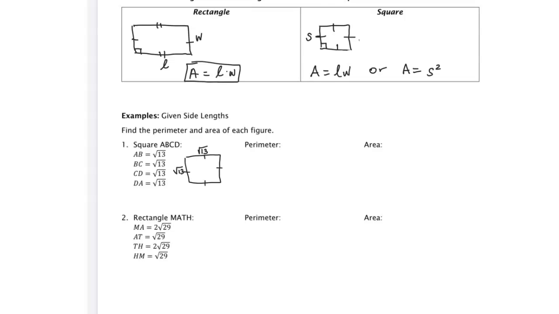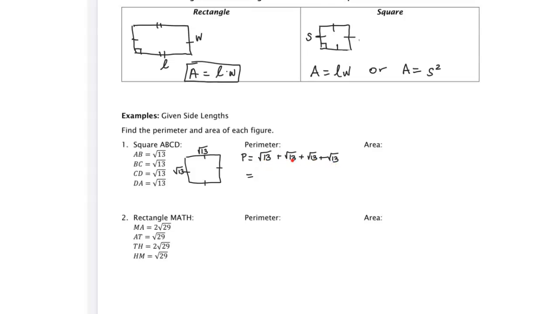In order to find the perimeter, we need to add up all the sides because it's the distance around our figure. So we'd have the square root of 13 plus the square root of 13 plus the square root of 13 plus the square root of 13. And we're adding 4 square roots of 13 because, again, there are 4 sides that are exactly the same. In order to simplify this, we can think about each of these radicals as kind of like a variable.